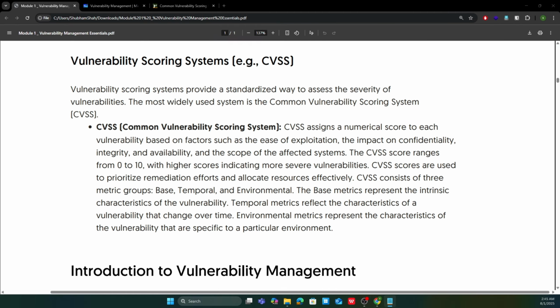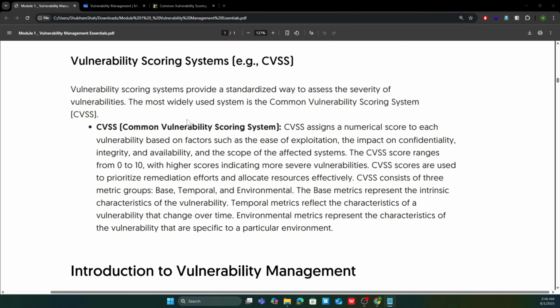Now, the vulnerability scoring system, that is the CVSS, Common Vulnerability Scoring System. When we are dealing with hundreds or even thousands of vulnerabilities, we can't fix them all at once. So we need a way to prioritize. This is where vulnerability scoring systems come in. The most widely used system is the Common Vulnerability Scoring System, or CVSS.